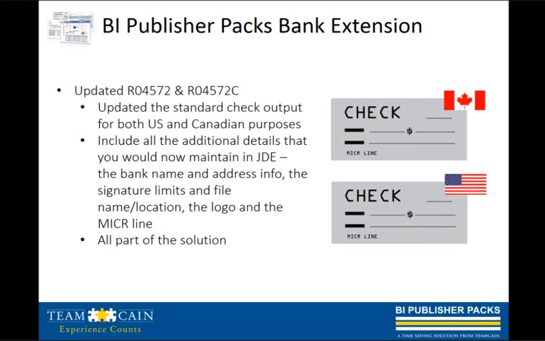So the microline information, the logo information, the override bank name and address information, the signature details, all of that is being passed through. So the information that you maintain in JD Edwards is now part of the output and is therefore able to be worked with within the BI Publisher template. So again, this is all just part of the solution that's out there.